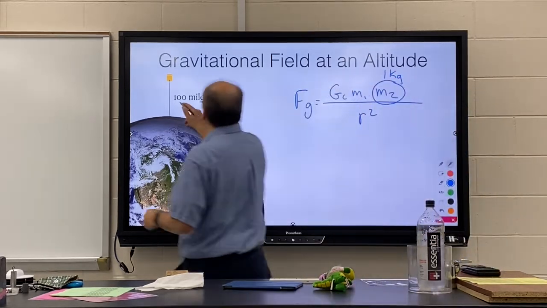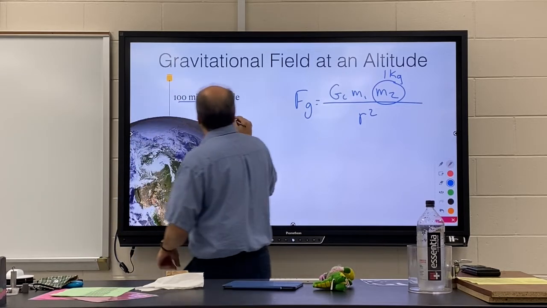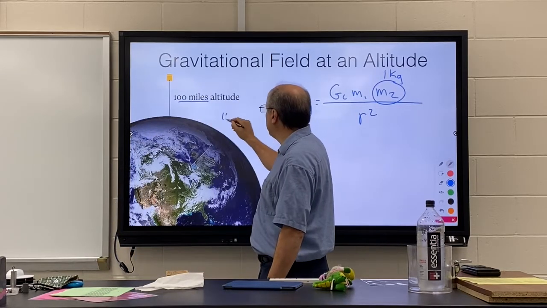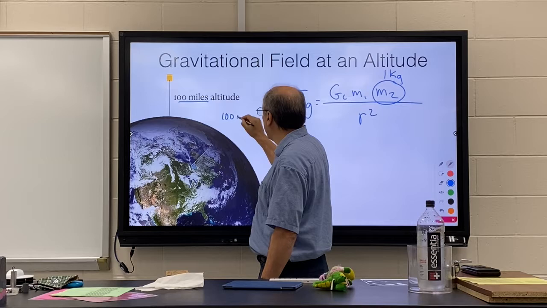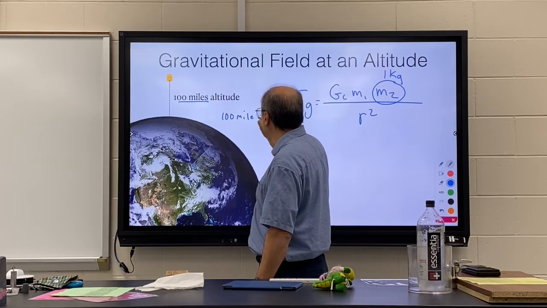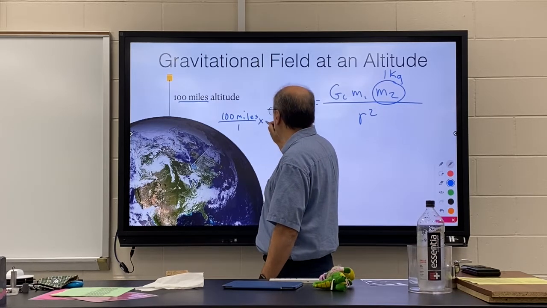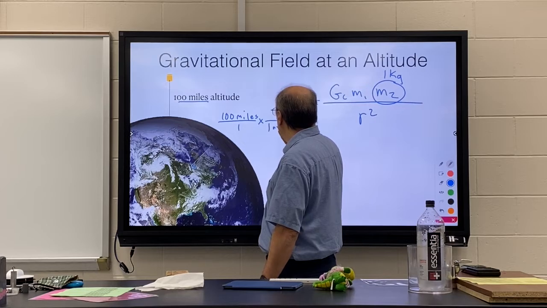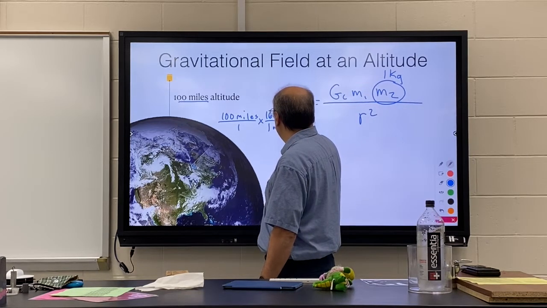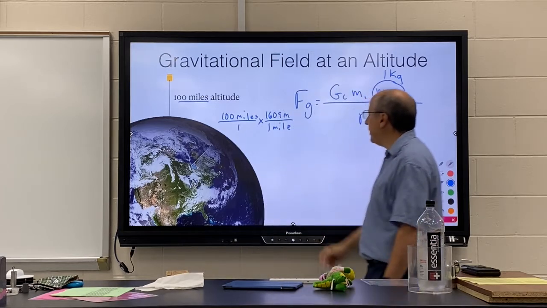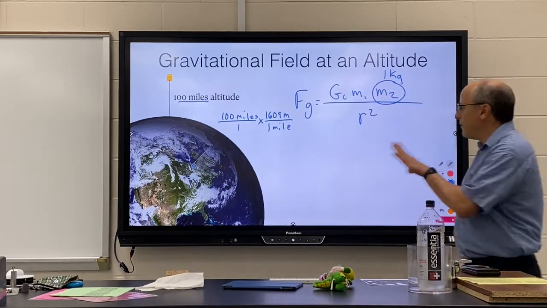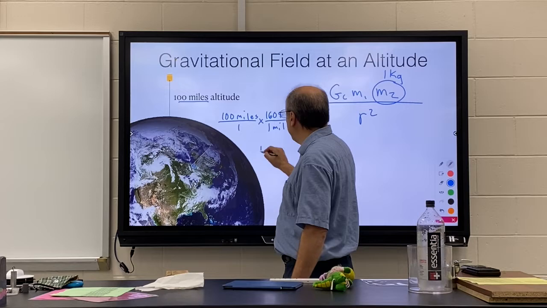This time we have 100 miles, so you want to make sure you convert the miles to meters. One mile equals 1609 meters. Whatever you get, add it to the radius of the Earth.